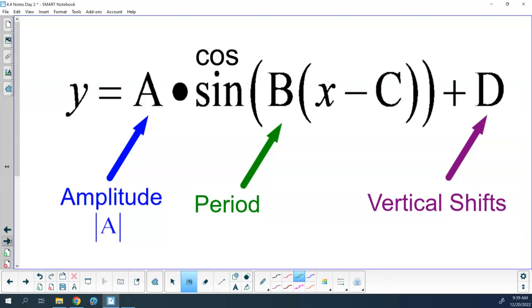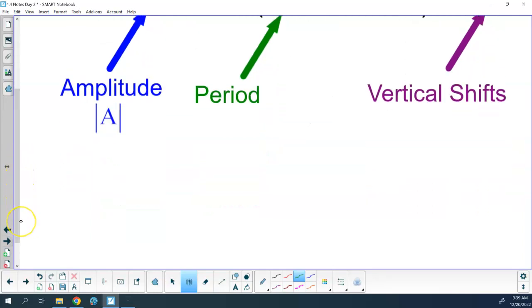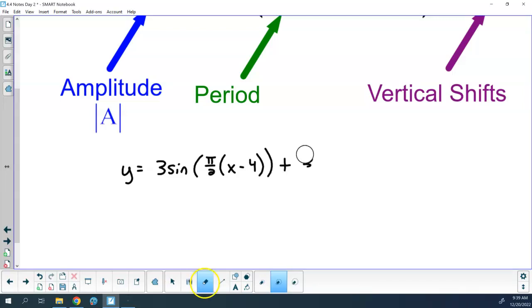Something to watch out for here is you might have y equals 3 sine of pi over 2 times x minus 4 plus 7. But they also might write it as 7 plus 3 sine of pi over 2 times x minus 4.